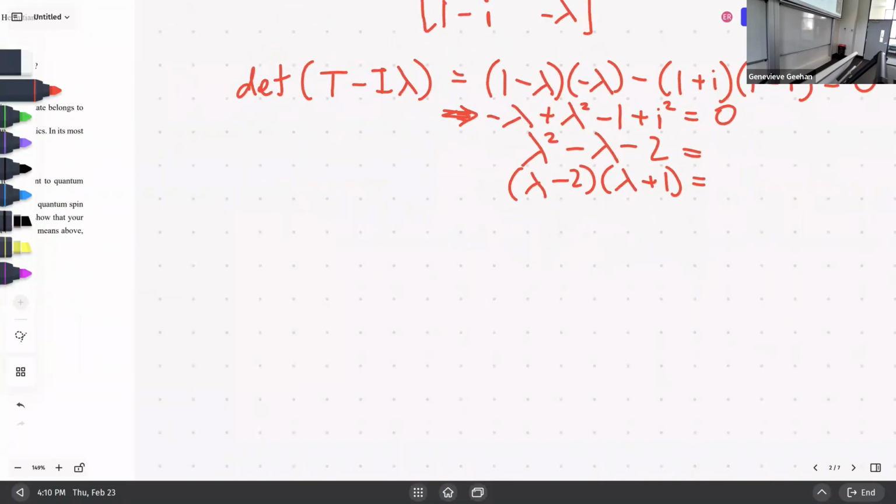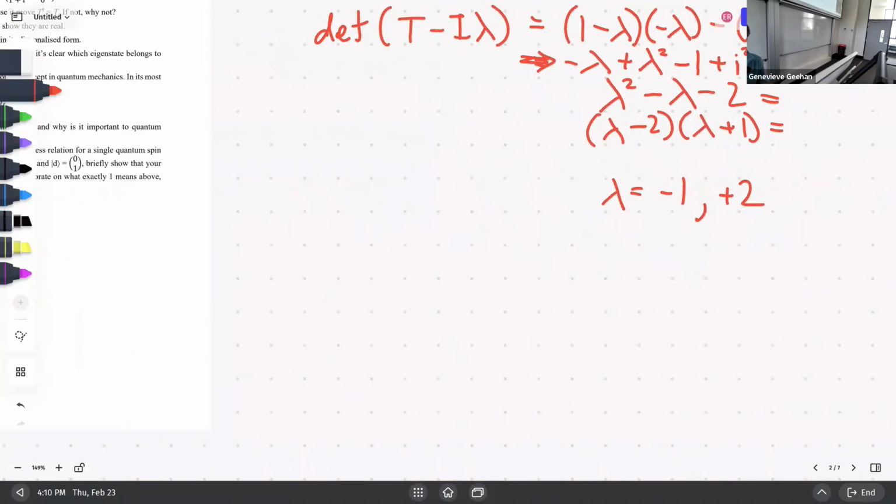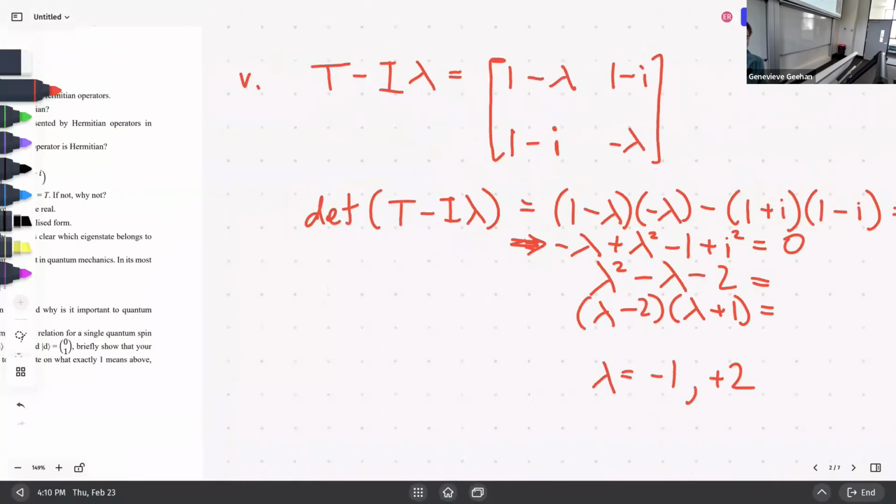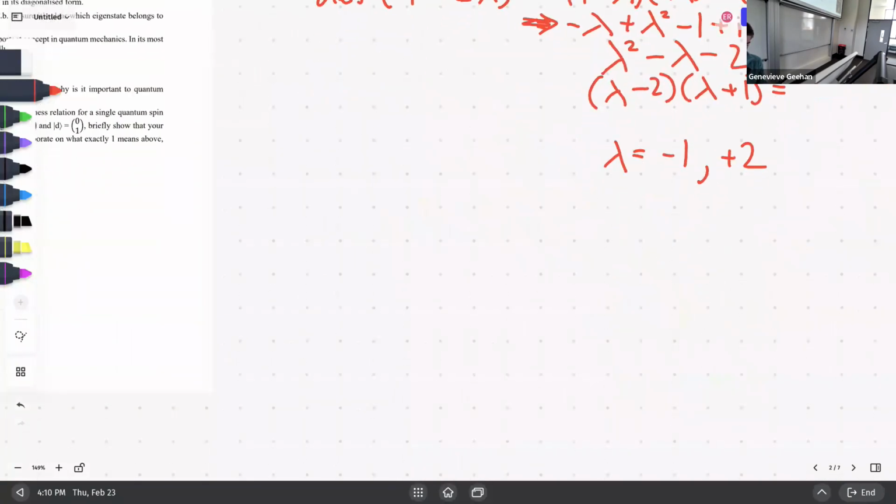So both of these are 0, which gives us lambda equal to -1 or positive 2. Okay. Did I put the question number here? Yes. All right. Yeah, most people didn't have a problem with that.